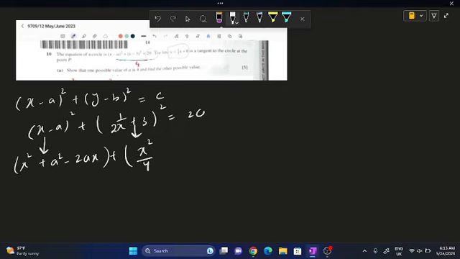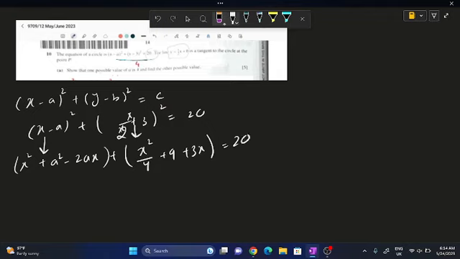Sorry, it's a writing mistake, this is x by 2 actually. So it will be x squared by 4 plus 9 plus 3x, which is equal to 20.